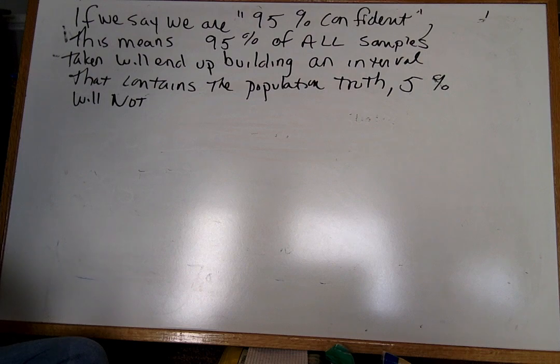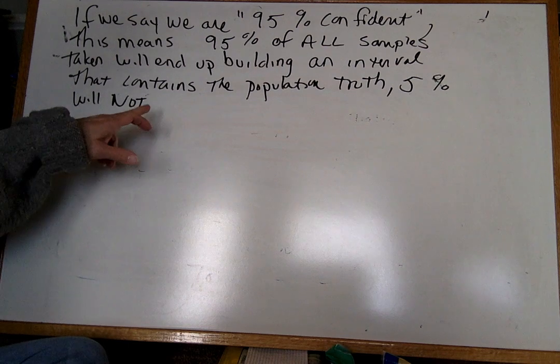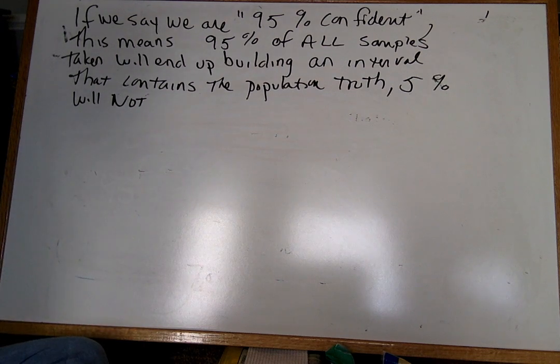If we say we are 95% confident, this means 95% of all samples taken will end up building an interval that contains the population truth. 5% will not.